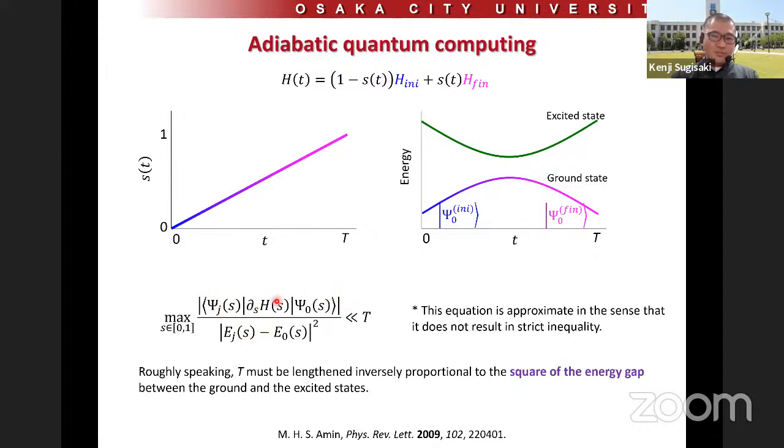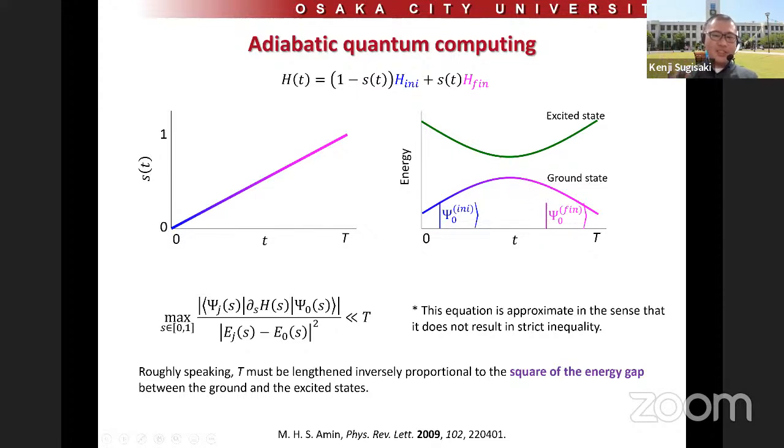If, for example, five excited states are located very close to the ground state, and every one of them has a non-negligible denominator, then we have to set the evolution time much longer than in the situation where only one excited state contributes to this contamination.